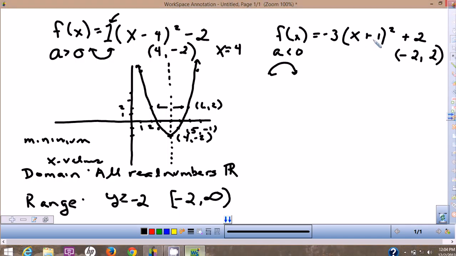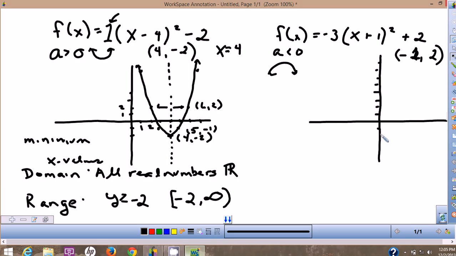Remember, this is x minus h, so it would be x minus a -1. So I have a vertex at, and I wrote that wrong, -1, 2. All right, so -1, 2 is the value of my vertex. So let's graph this, and we'll sketch out very quickly our coordinate plane.